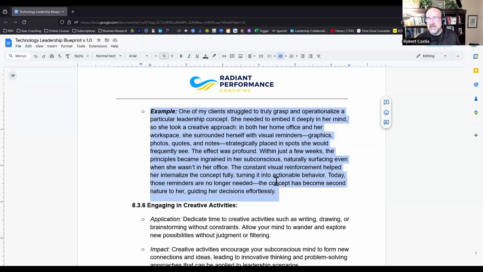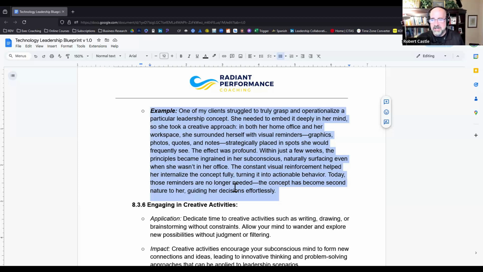Within just a few weeks, the principles became ingrained in her subconscious, naturally surfacing even when she wasn't in her office. The constant reinforcement helped her internalize the concept fully, turning it into an actionable behavior. Today, these reminders are no longer needed, and this concept has become second nature to her, guiding her decisions effortlessly.